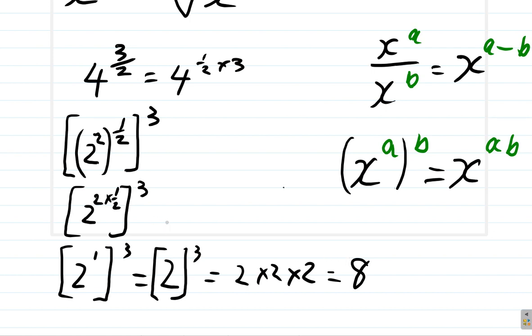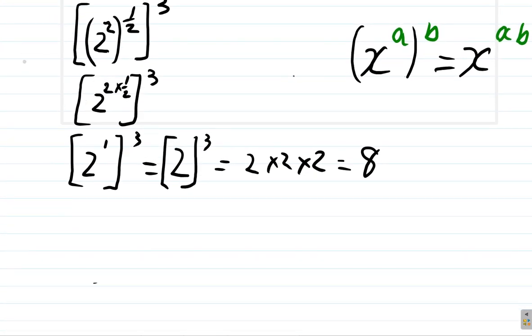Now, you notice here, let's backtrack a bit. Here, when you say 2 to the 2 times half, this is really the square root of 4. 2 is the square root of 4.